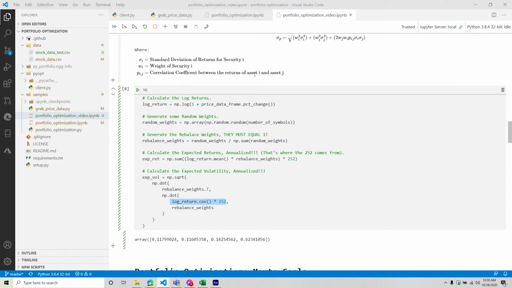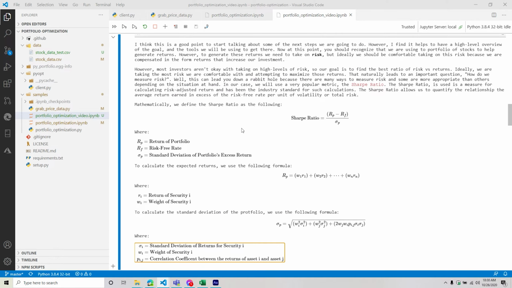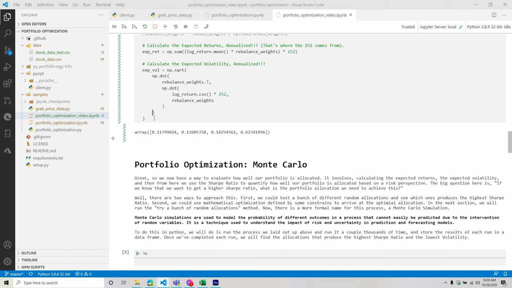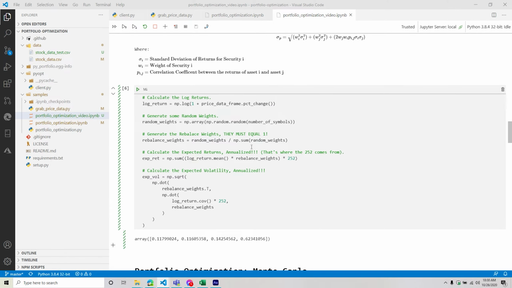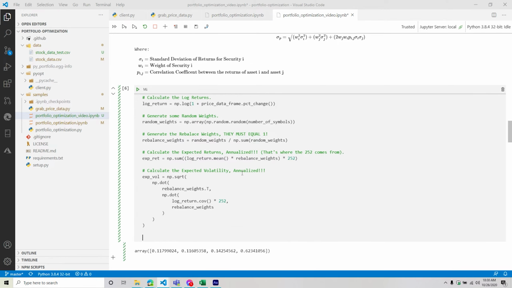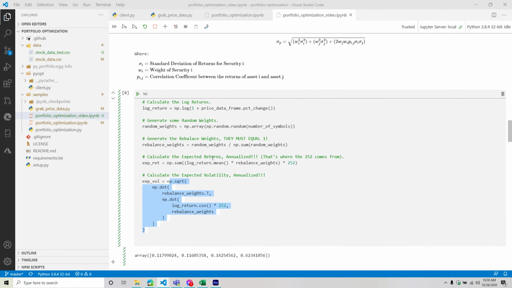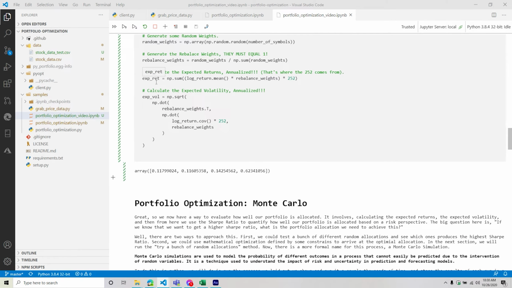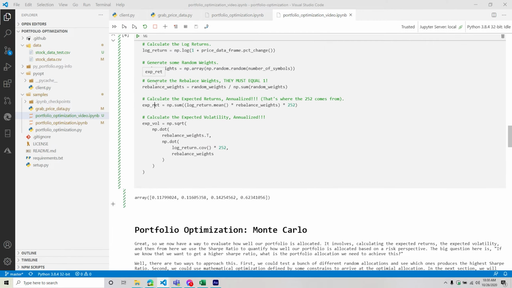So this is just doing some matrix multiplication in order to be a little bit more fancy. It's a lot of math trickery behind the scenes because really we're just doing what we're doing here, but we might use different methods that arrive at the same result. So don't get super intimidated by this. Just keep in mind, we're just calculating the standard deviation of the portfolio, the expected volatility in a sense. So that's all we are saying here.